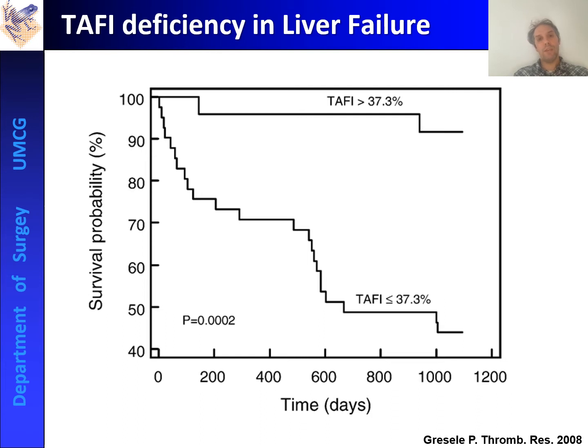So there's something protective about TAFI, and if we're able to know how the effect of low levels of TAFI drives disease progression, then we can do something about it.